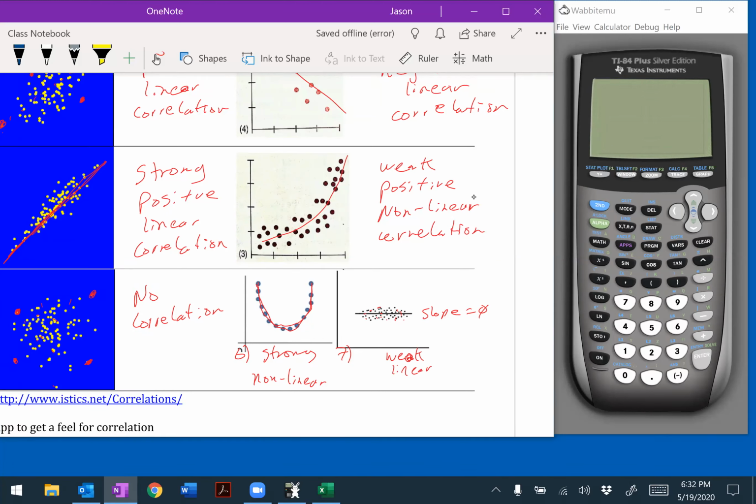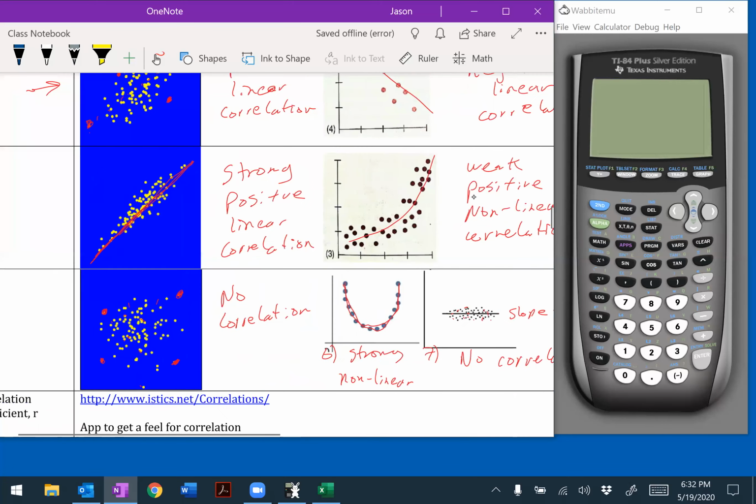I'm not even going to put linear on that one. I'll just put no association. No correlation, because I could put a line through this one too, and it does me absolutely no good. There's no real association there.